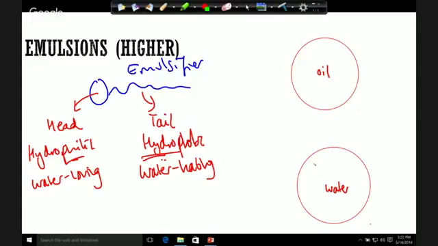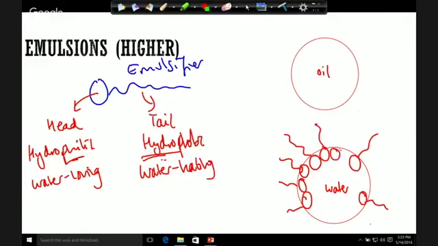So for the water, we would have the head end inside the water droplet and the tail end out, because the head end loves water, but the tail end doesn't. And you'd have emulsifier molecules going all around like this. I'm not going to draw them all on, but you get the idea.